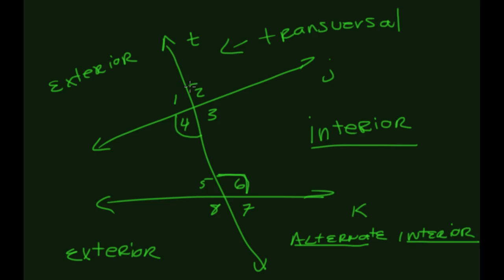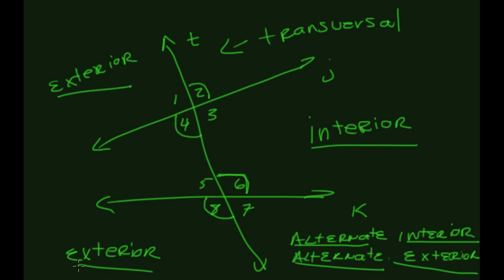Angle 2 and angle 8 are what we're going to call alternate exterior angles. They're on the outside, in the exterior, and they're on opposite sides of the transversal. So they're alternate and exterior.